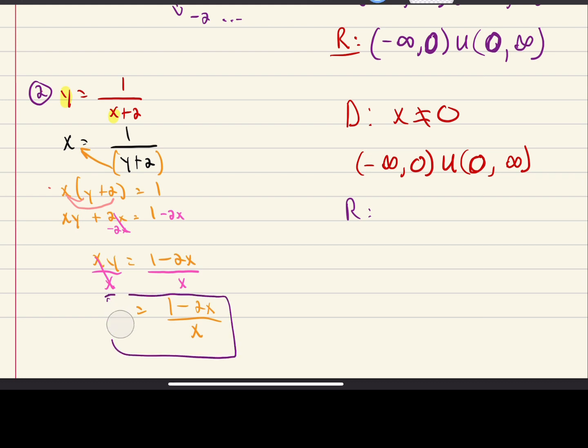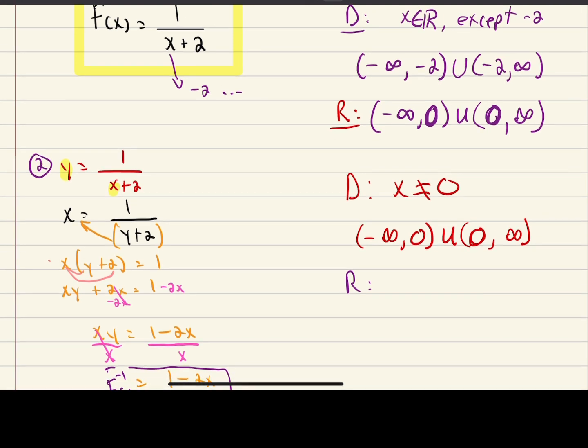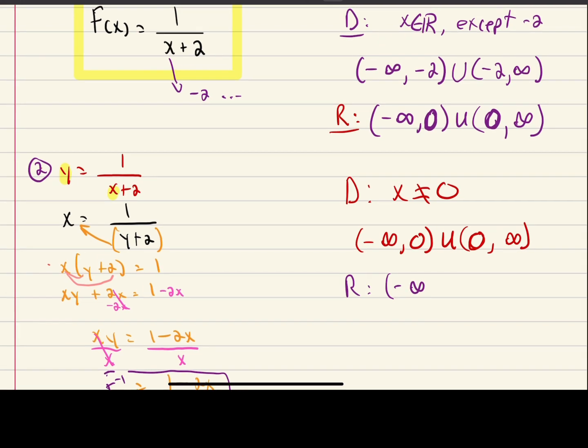And I'm actually going to replace it with f to the negative 1 at x. Then we can just write the domain of the original function, which approaches negative infinity with the exception of negative 2. And we would normally write this in bold letters.